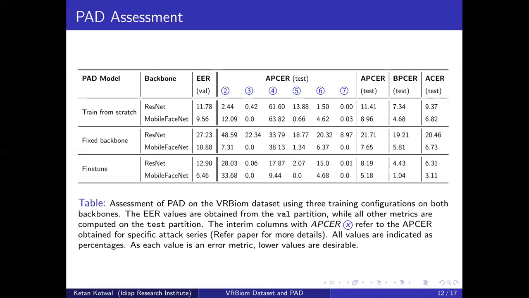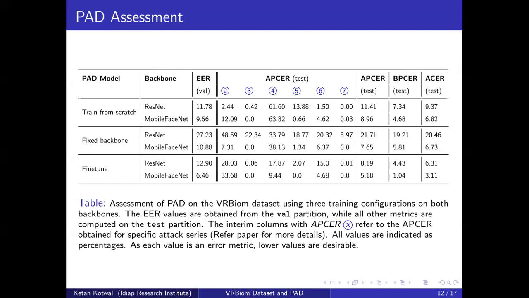In case of fixed backbone, the attack rates were relatively higher, especially for ResNet. The attack rates are close to 20%, which means 1 in 5 samples was treated wrongly. And these numbers were quite low for MobileFaceNet, but still you can see that they're relatively higher compared to what it has performed when it was fine-tuned.